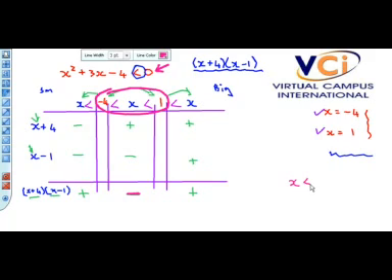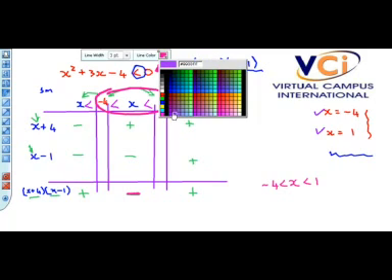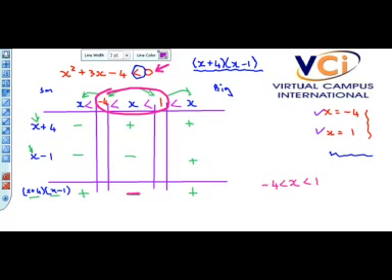So the answer to that inequality is x smaller than 1, bigger than minus 4. And that's it.